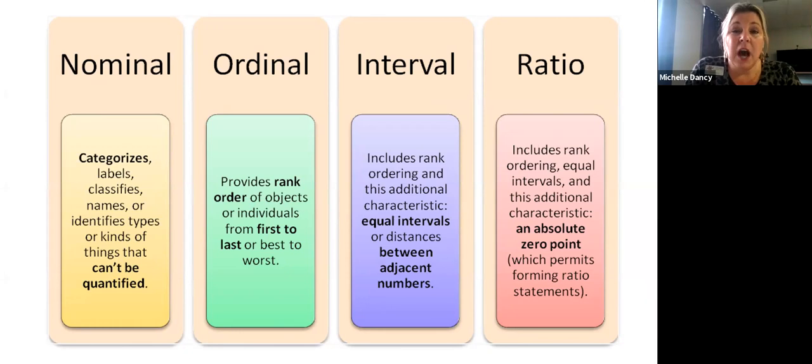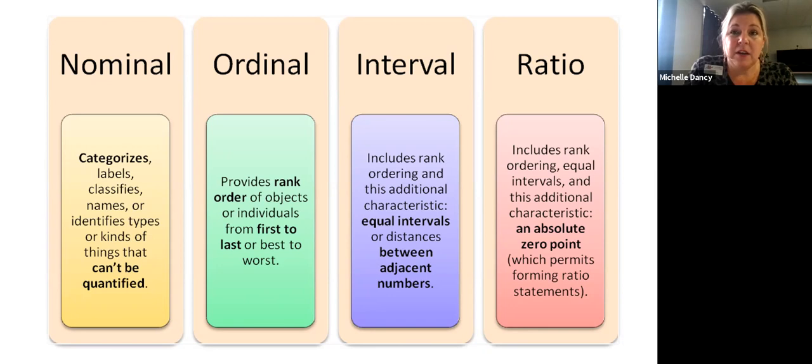So let's talk about what each one of these mean. Nominal. Nominal data is when we have categories, labels, names, identifiers, things that can't be quantified, okay? So when I say it can't be quantified, I mean there's no better or best.